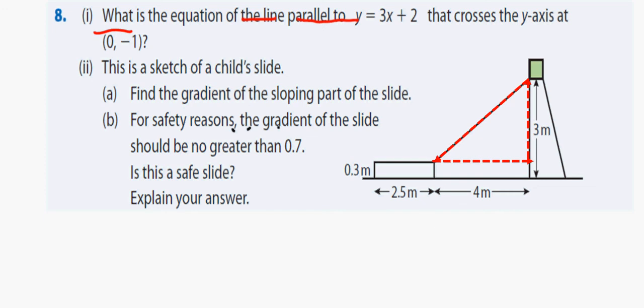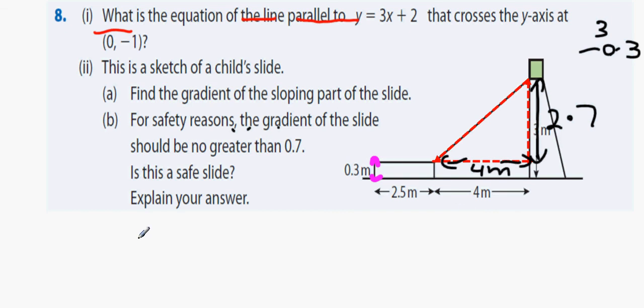Now what we can tell about this line is the following. From here to here is 3, but from here to here is 0.3. So 3 take away 0.3 is 2.7. We know this here is now 2.7 tall, and we know that it's 4 meters wide.